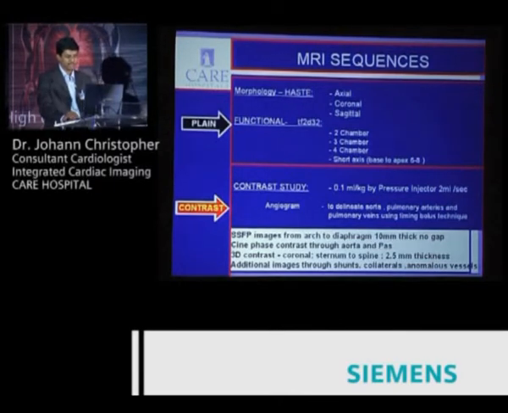So it's important to have a working functional diagnosis of the infant before you take it into the scanner. So that you have a mental picture of, once you've done the standard sequences, what are the additional ones we're going to do. And some of the examples which I'm going to show you are especially if you're dealing with a Fontan repair.